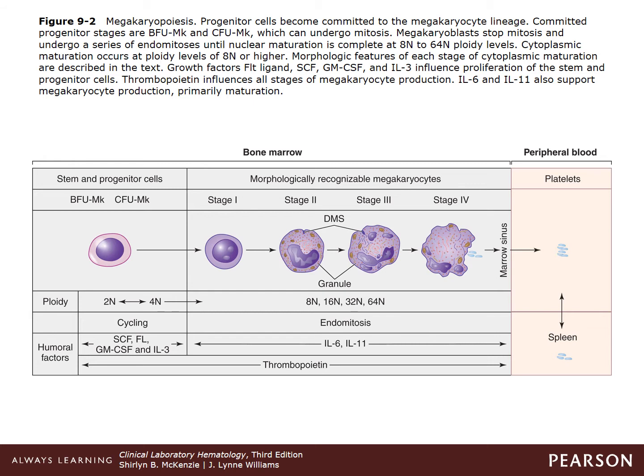Each one of these megakaryocytes by the end of stage 4 can produce up to 3,000 platelets.